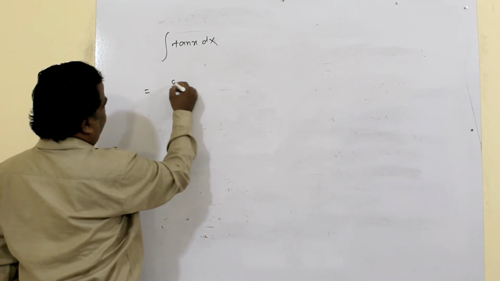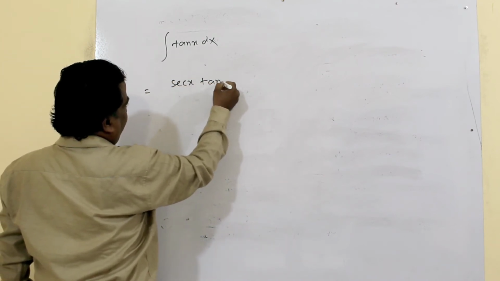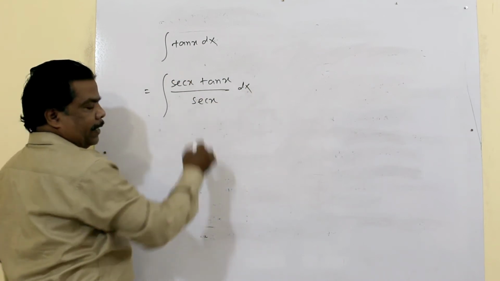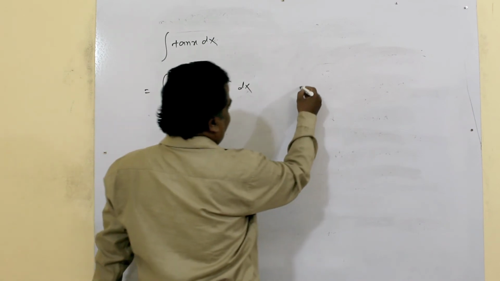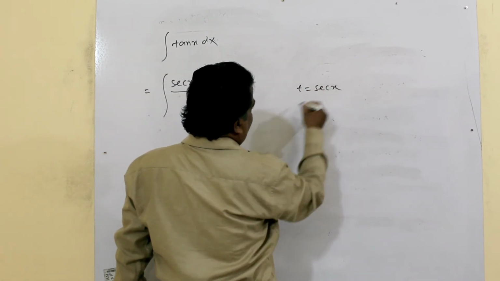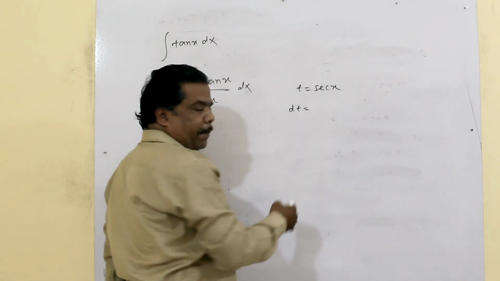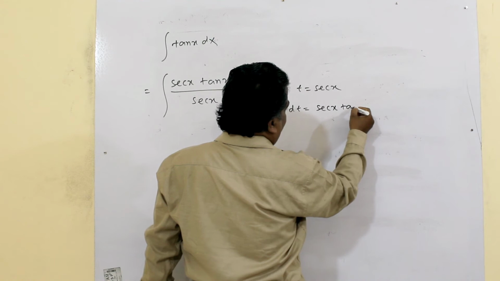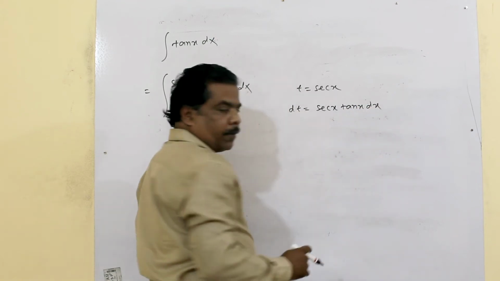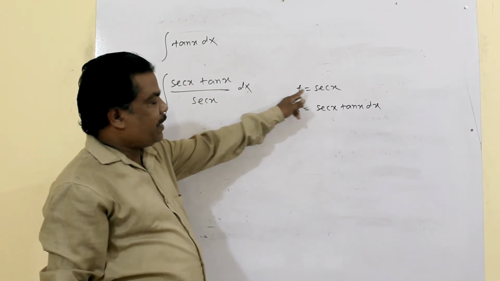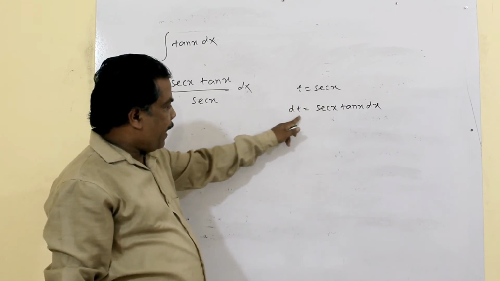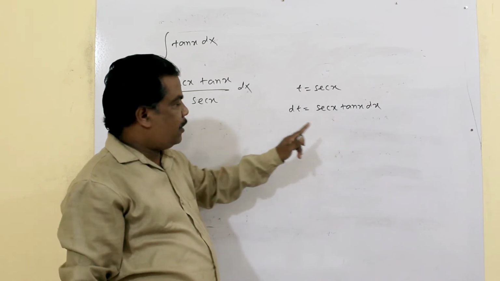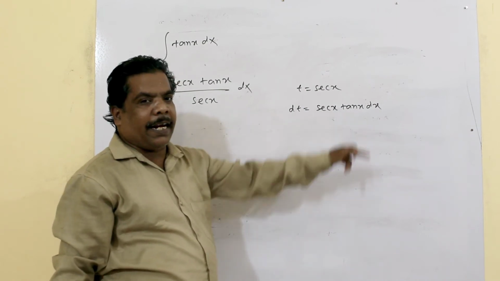Here we multiply and divide by sec x, and we take t equal to sec x. So dt, the derivative of t, is equal to sec x tan x dx. If we put t equal to sec x, then dt by dx is equal to sec x tan x, so dt is equal to sec x tan x dx.